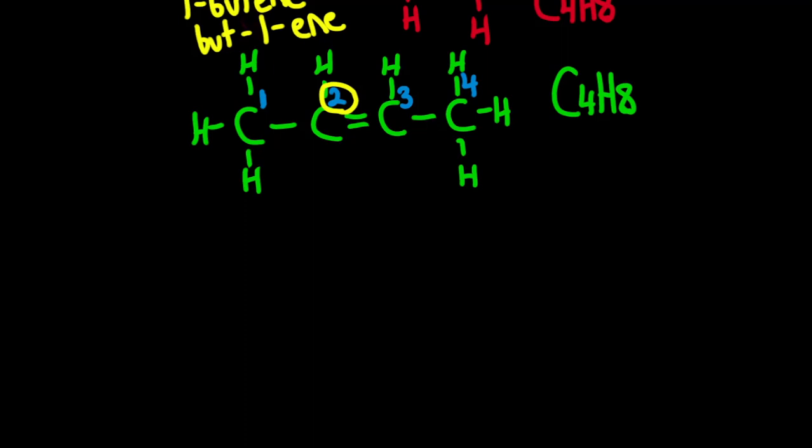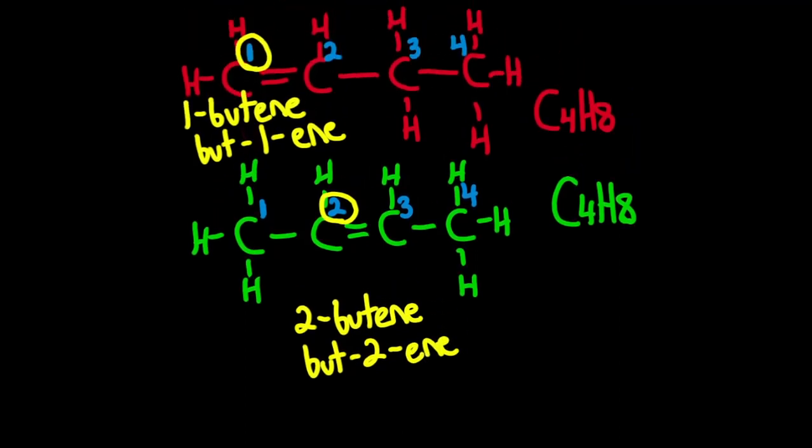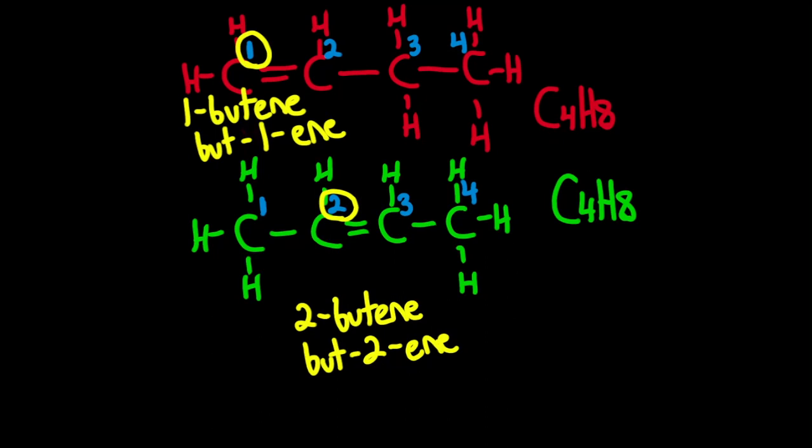This one, by the same logic, I can name it 2-butene. Okay? Because my double bond bridges the gap between my second carbon and my third carbon. Or I could call this bute 2-ene. Okay? So you can see that these are isomers. Same formula, same formula over here, different structures.